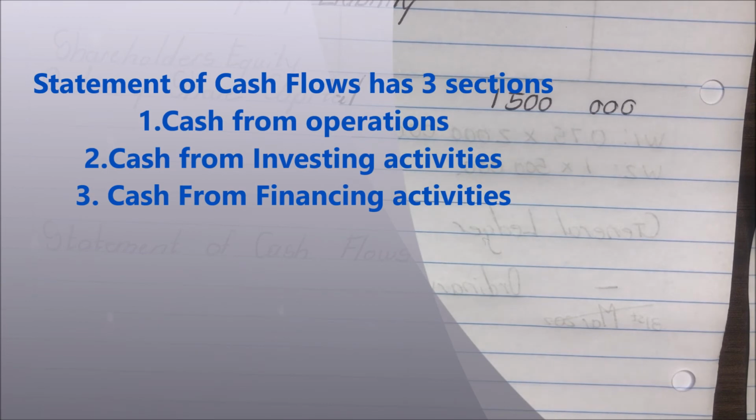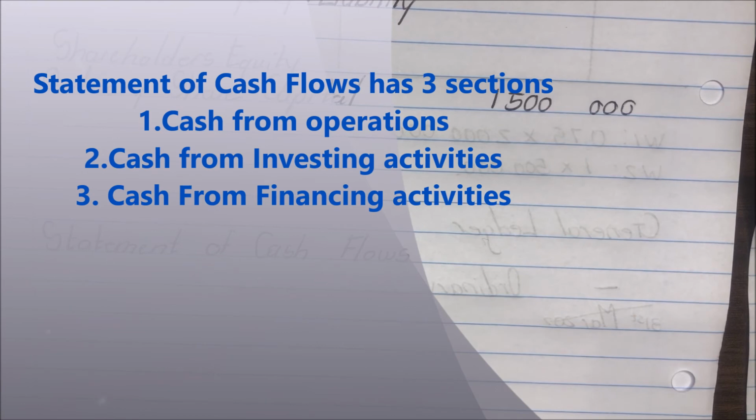We then need to ask ourselves, what effect did this transaction have on the statement of cash flows? We received cash, and the statement of cash flows has three sections: cash from operations, cash from investing activities, and cash from financing activities.